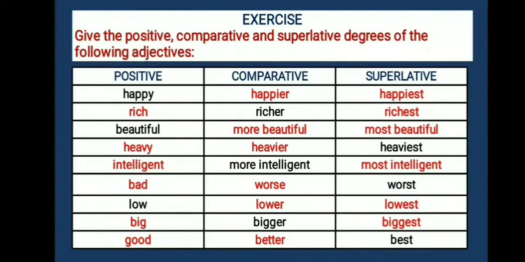Now let's see what the table looks like after completion. Please tally and check your answers. We have three columns: positive, comparative, superlative. Happy, happier, happiest. Rich, richer, richest. Beautiful, more beautiful, most beautiful.